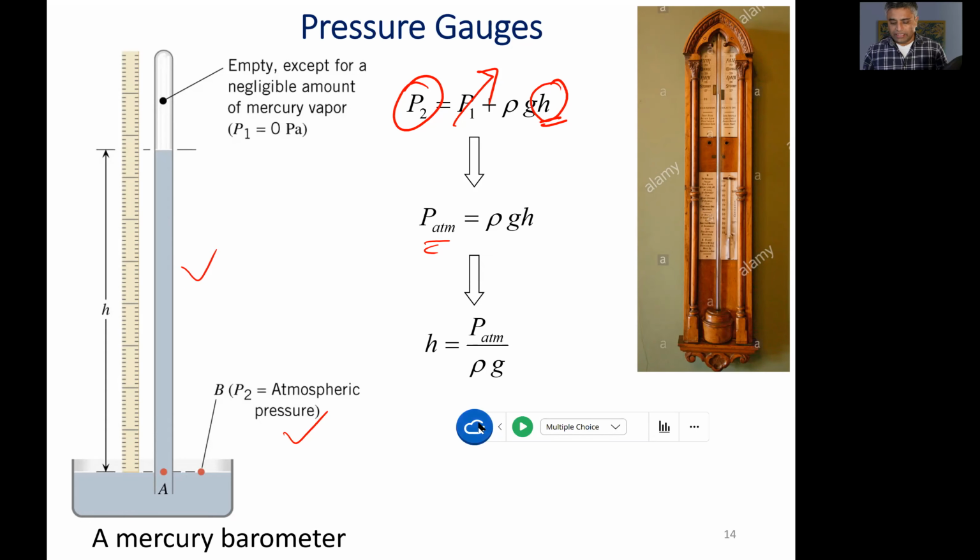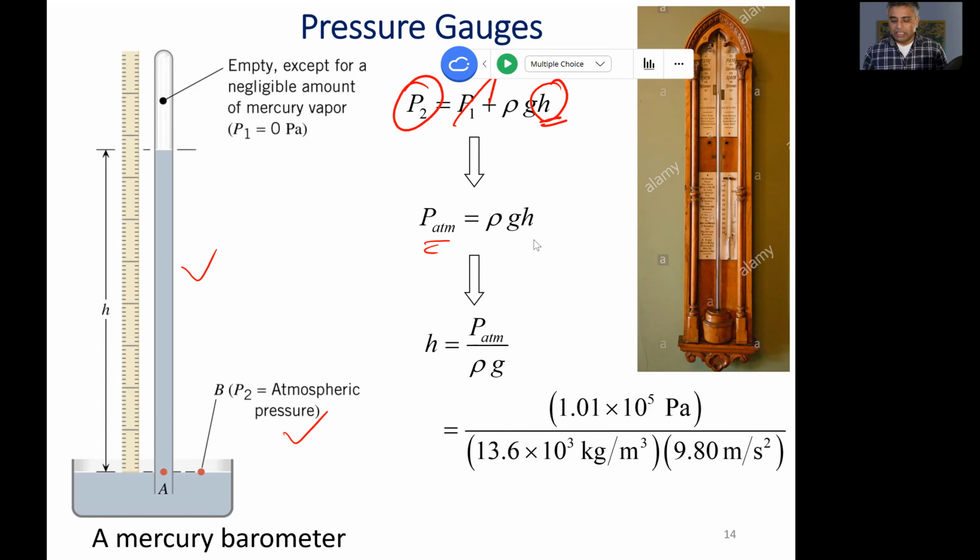Let's say it is 1 atmospheric pressure at sea level, standard pressure. And this is the density of mercury, and this is the value of g. So this gives us the height, and that is around 760 millimeter or 0.76 meter.